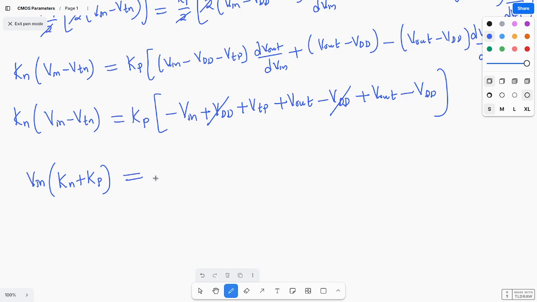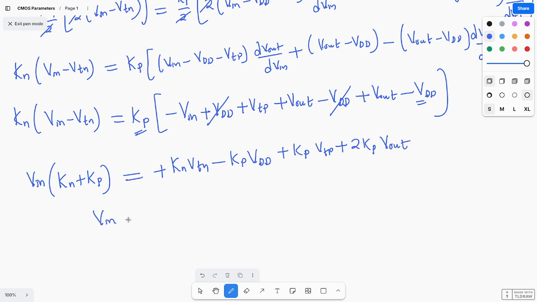So here plus Kn into Vtn, you bring this side, okay, Kn into Vtn, minus Kp into VDD, plus Kp into Vtp, plus two Vouts are there, no, so 2 Kp into Vout.